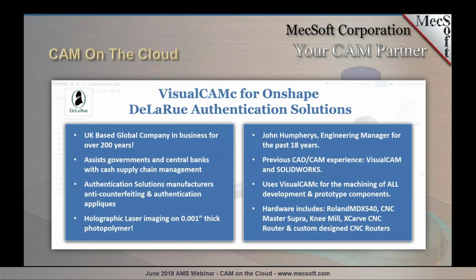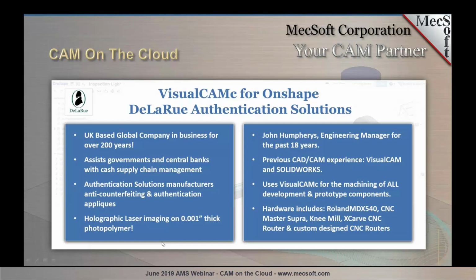So as I mentioned, they're a UK global-based company in business for over 200 years. They work with central governments and banks on security measures, like on banknotes and other types of security and all the management that goes with that.